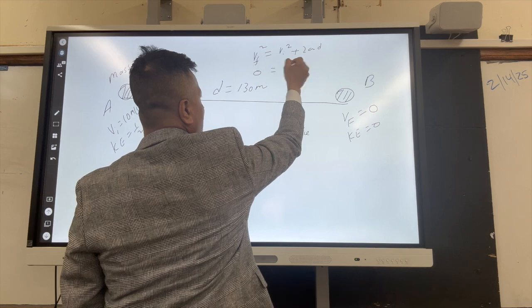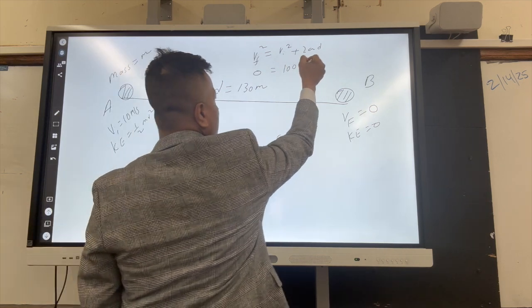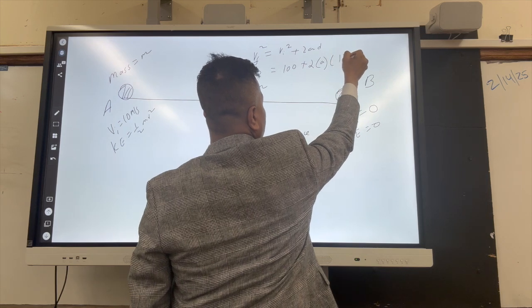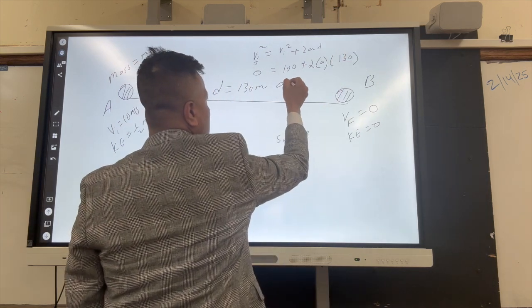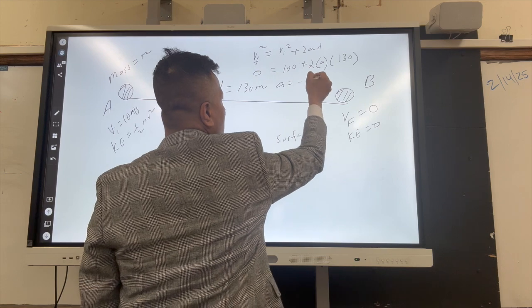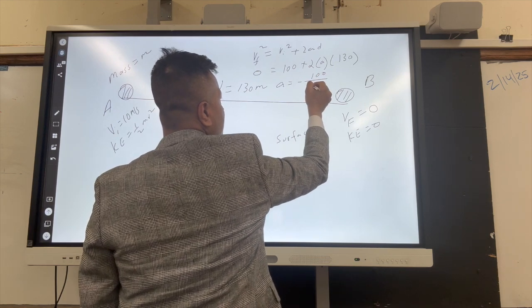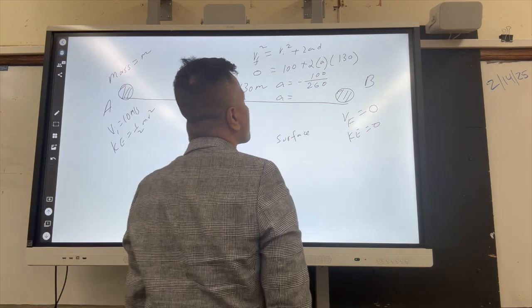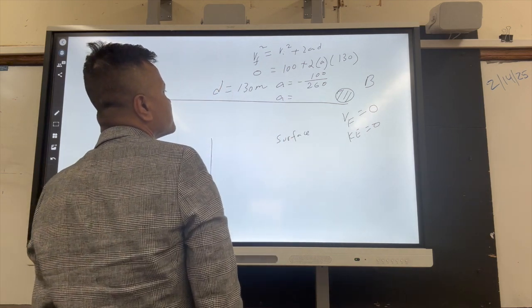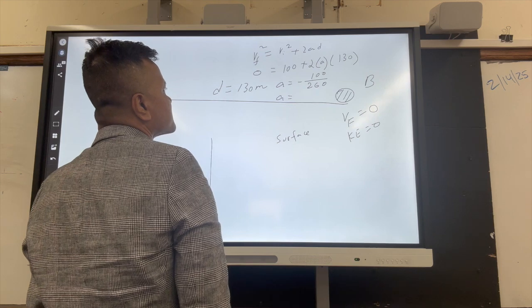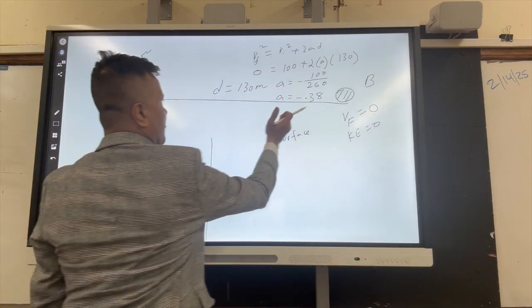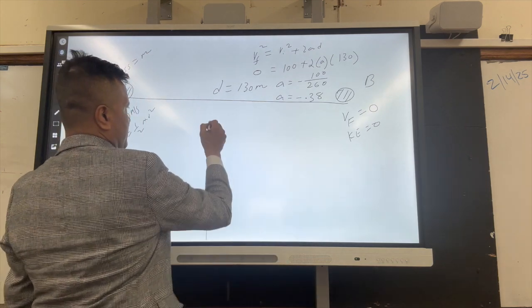Vi is 10, and 10 squared is 100, times a times d. d is 130. So acceleration is negative 100 over 260, so acceleration is negative 0.38. Step number 2 would be what?